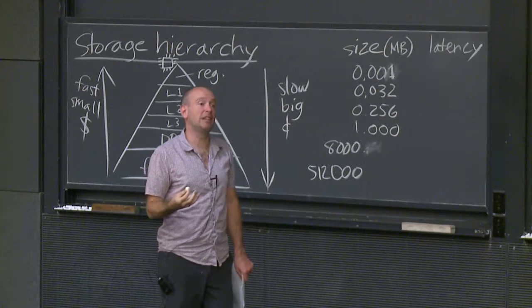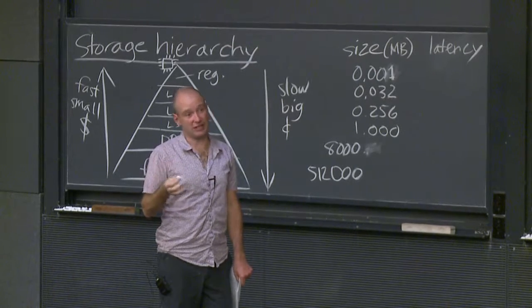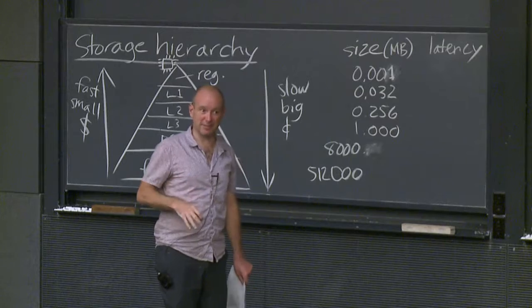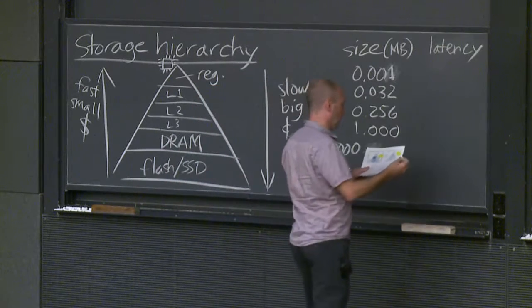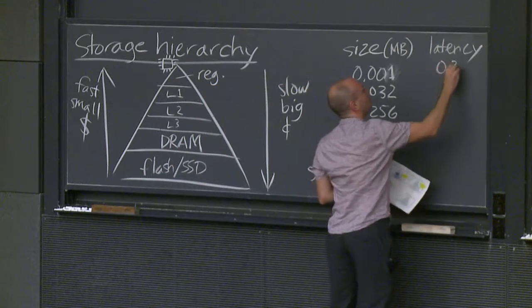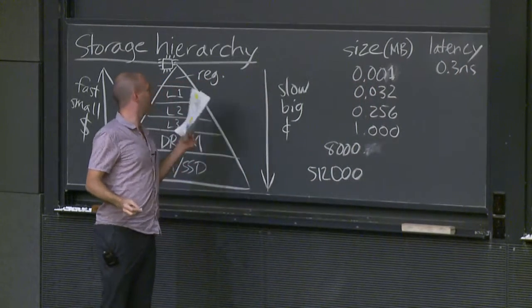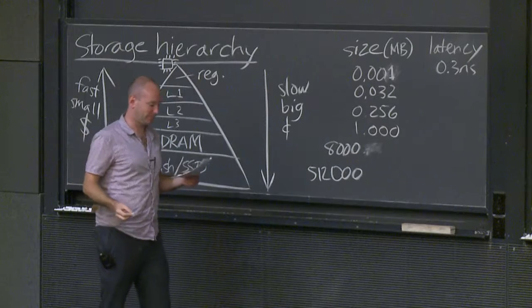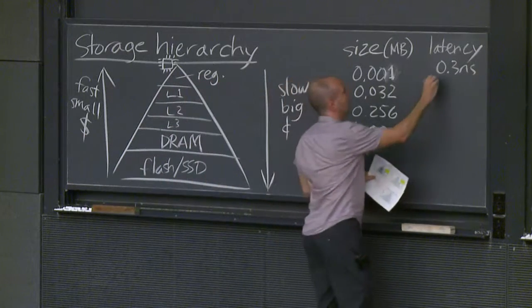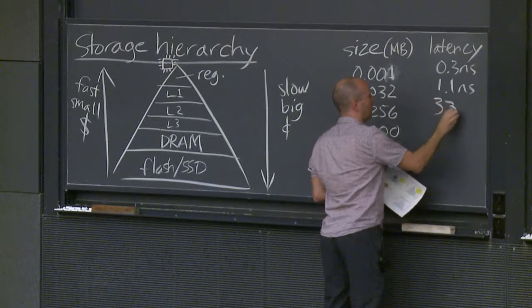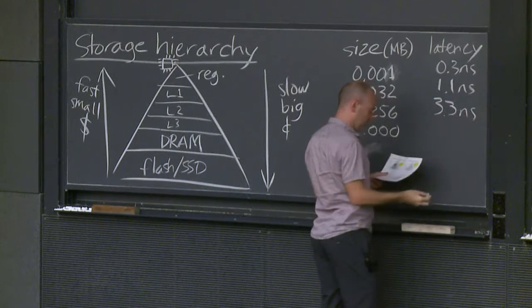What we end up with is a number that's measured in the small numbers of nanoseconds. Picoseconds, I think, is 1 million times smaller than that. So what I've got here is 0.3 nanoseconds to access something that's in a register. 1.1 nanoseconds to access something that's in the level 1 cache. 3.3 nanoseconds for the level 2 cache.